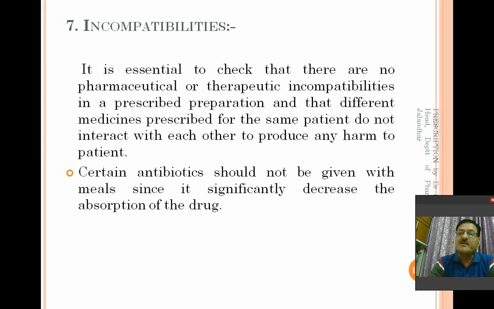If any type of incompatibility is sensed by the pharmacist, then it should be brought to the knowledge of the physician. Certain antibiotics should not be given with meals, like tetracycline should not be given with milk. So if a tetracycline capsule is prescribed to be taken with milk, then it will definitely cause incompatibility. So it should be consulted back to the prescriber.